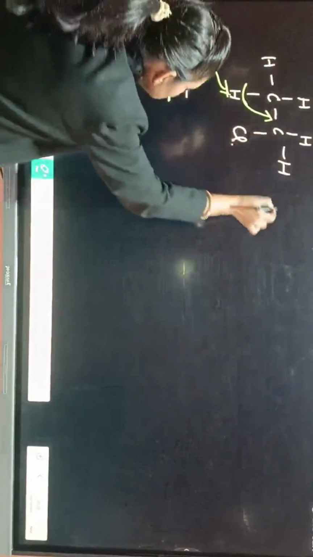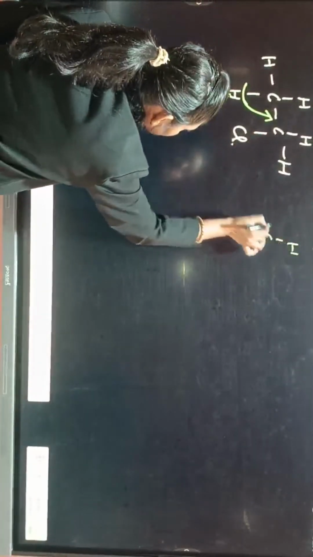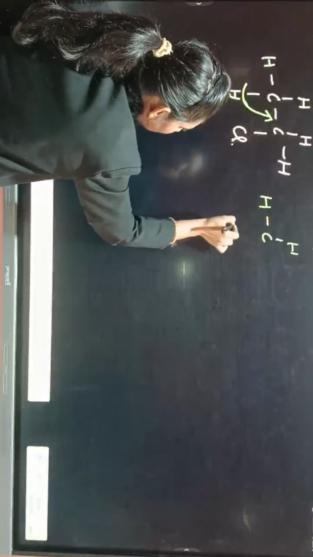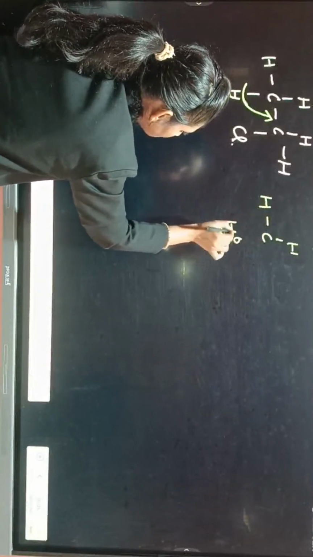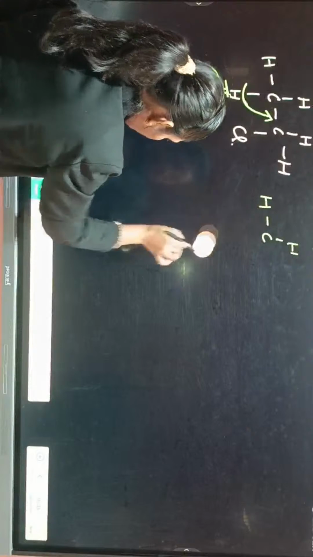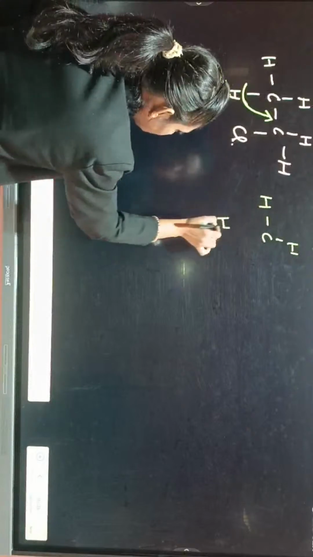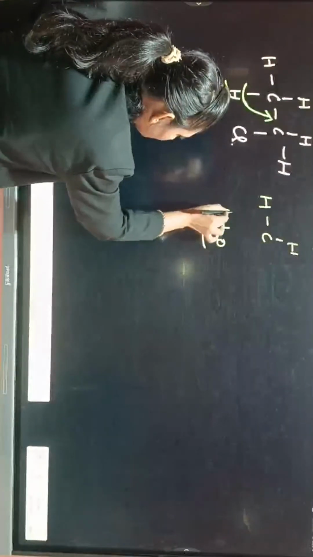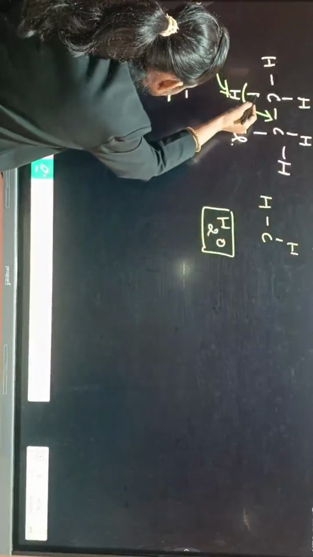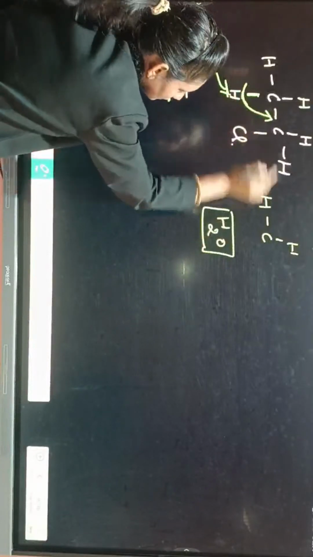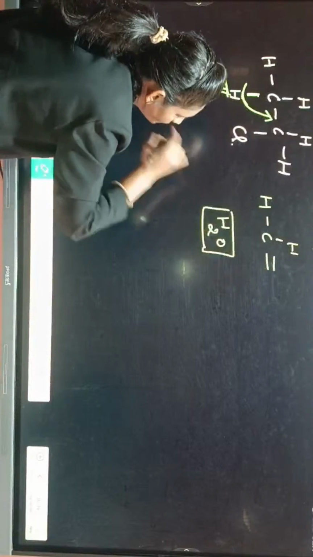If this bond shifts, from here water is removed. This one bond shifts here, then a double bond forms.